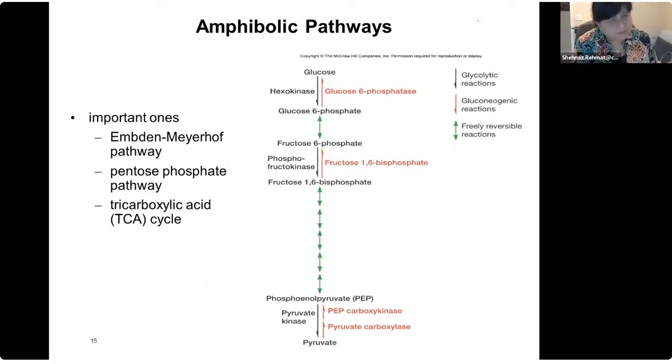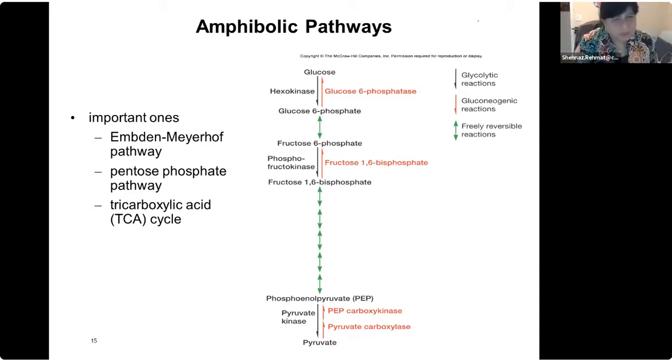Now, these pathways could be anabolic or catabolic pathways. If they are both, then they are called amphibolic pathways. So some pathways will act as catabolic, and some will act as anabolic. But some of our pathways that we're going to study today are considered to be amphibolic.